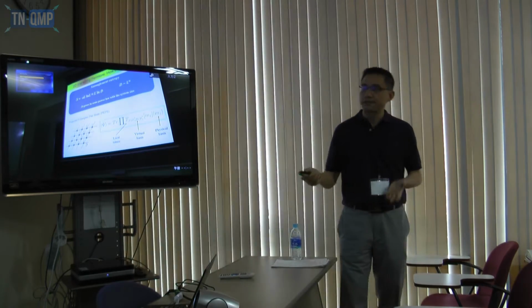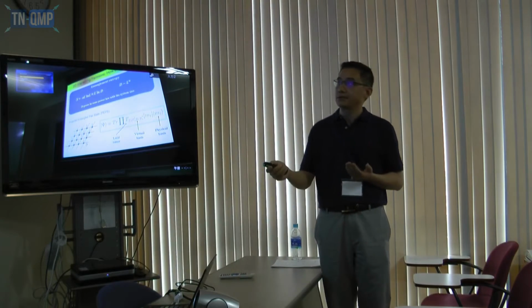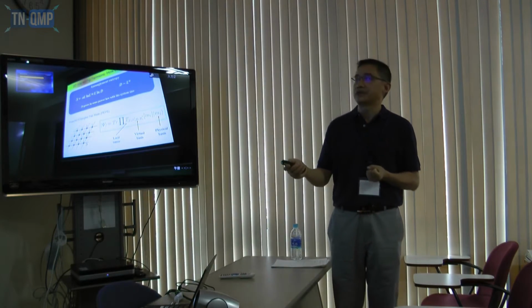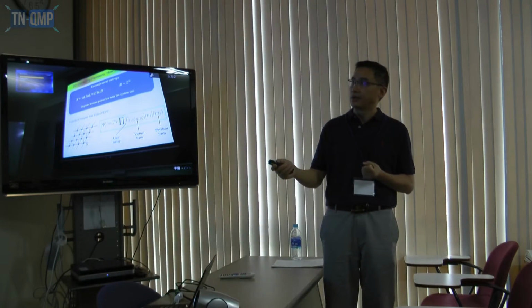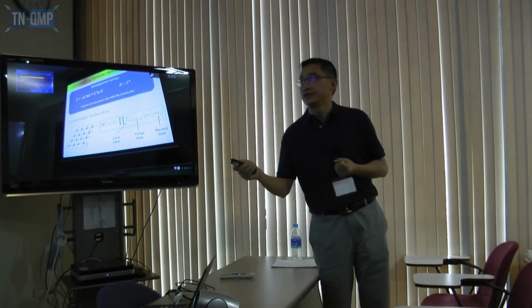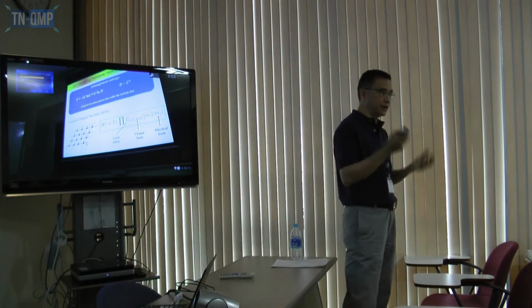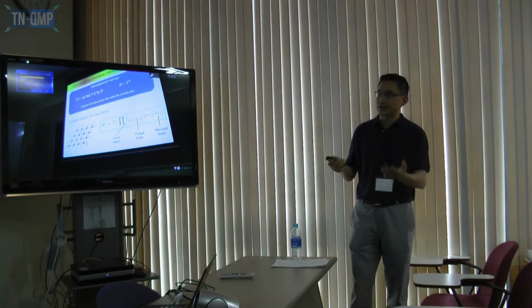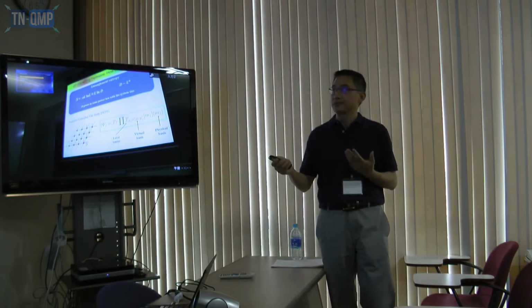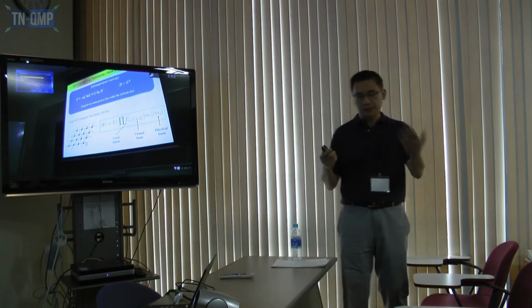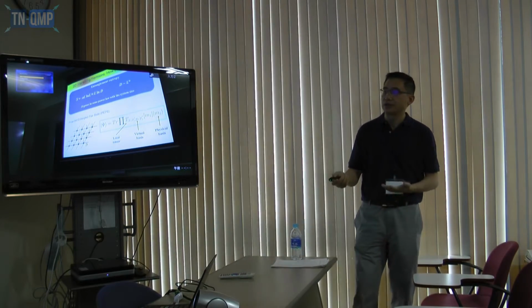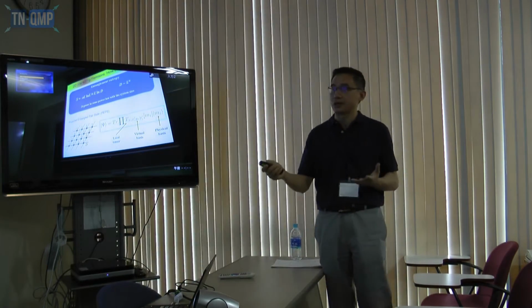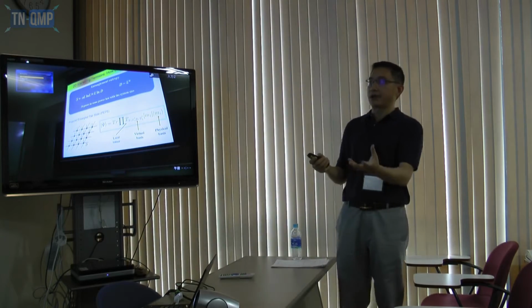If we still use the PEPS wave function, then the minimum number of states needed actually will grow as some power law of the system size. Okay. So in this case, this means that for the PEPS wave function, the D is always not enough in order to describe this system very accurately.